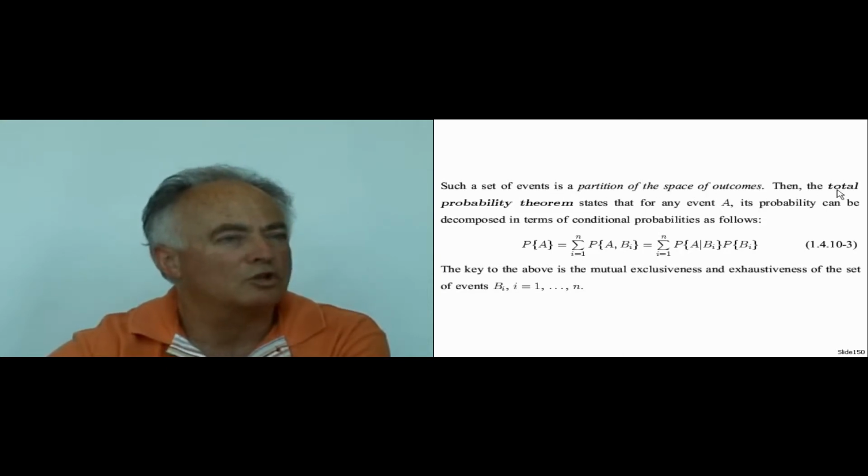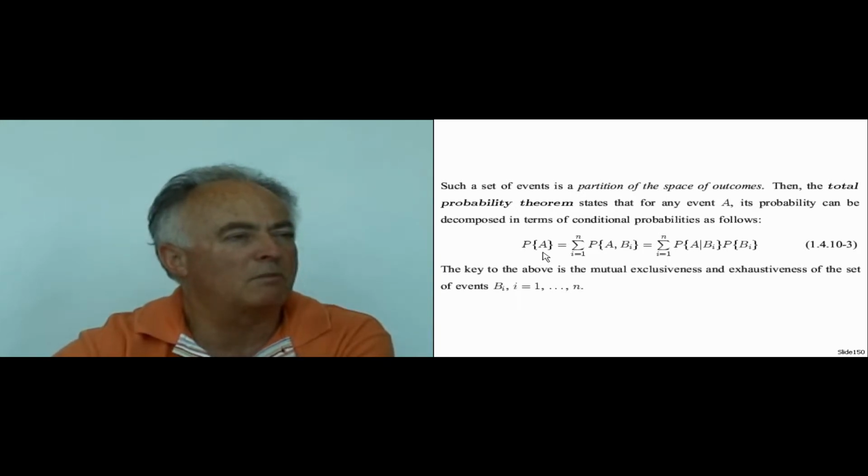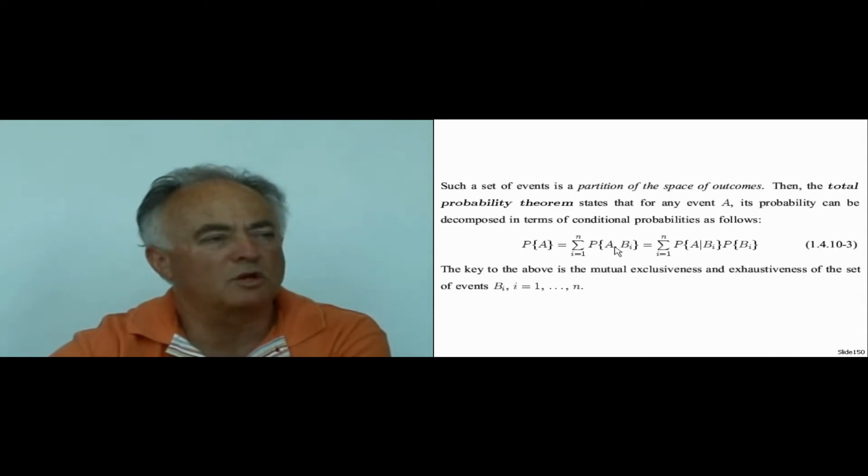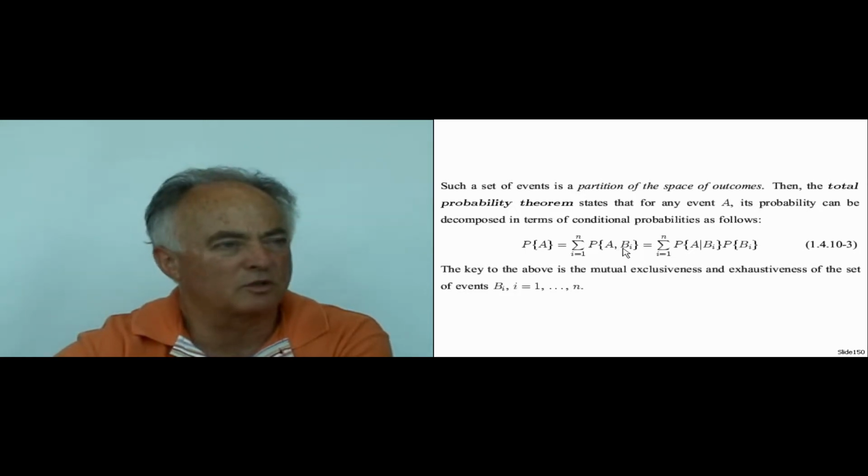Then, the so-called total probability theorem states that for any event A, its probability can be decomposed in terms of conditional probabilities as follows. P of A is the sum of the probabilities of the intersections of the event A with each of the B_i. And the reason this works is because of the partition of the space into all these B_i.